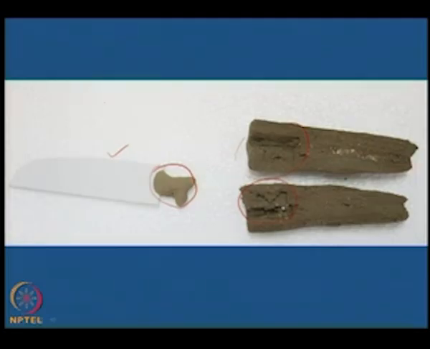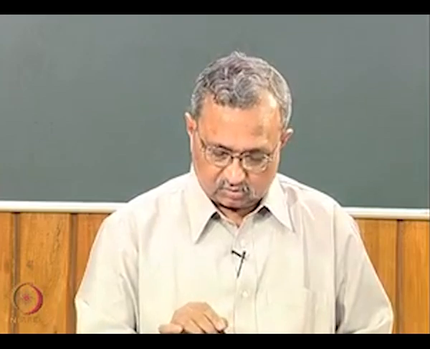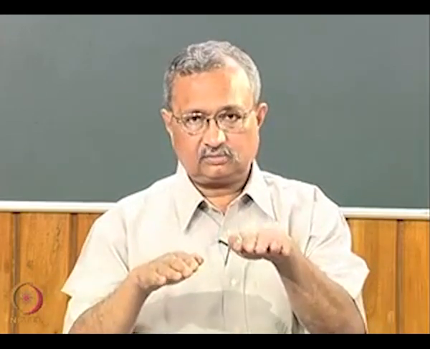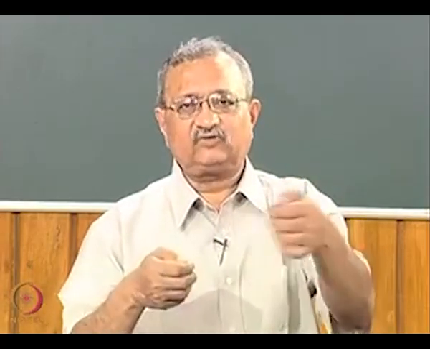A special package may be developed where such a handle and many types of blades can be placed in that container, so that as and whenever required, different types of blades may be used with a single handle. That approach one can consider.